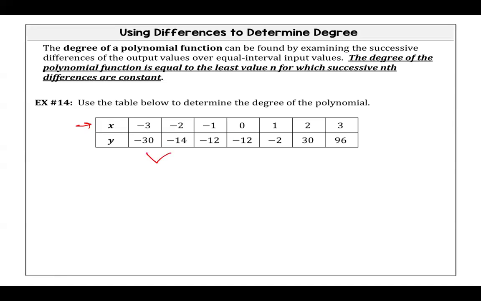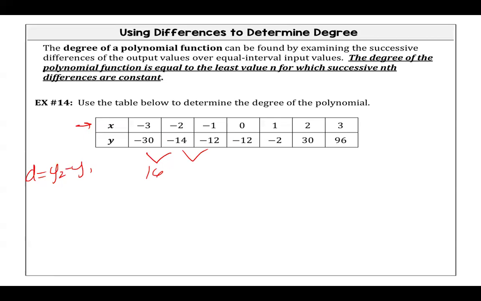So right here, negative 30 and negative 14. Remember, your difference equals your y2 minus your y1. So negative 14 minus negative 30 is going to be a positive 16. Okay. Negative 12, because it's my second y, minus my first y.